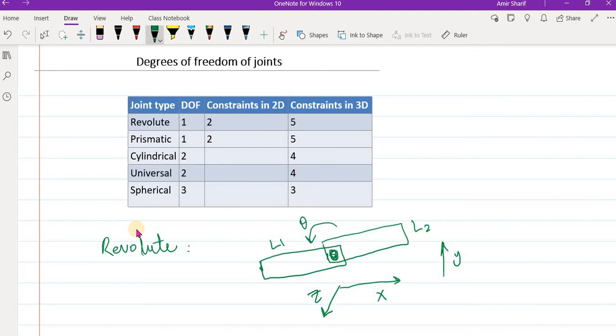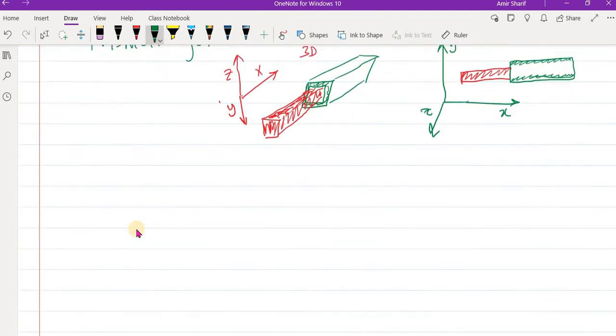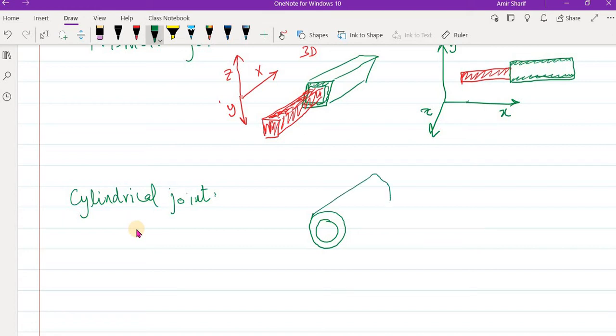Similarly, if you look at a cylindrical joint, in 3D it will look something like this.